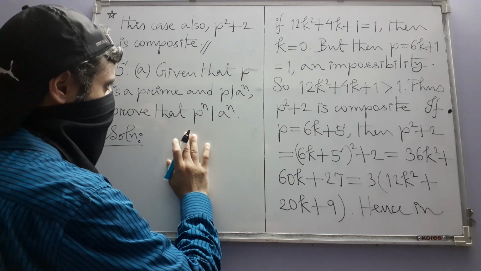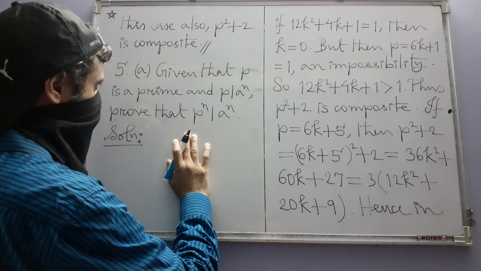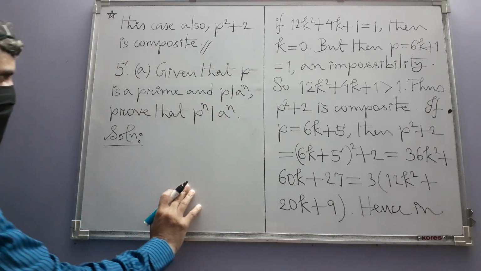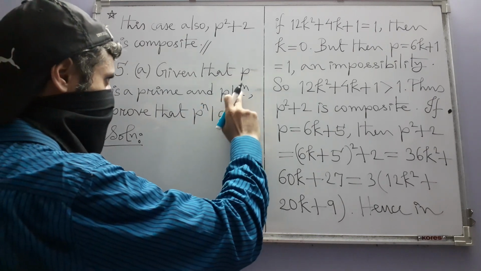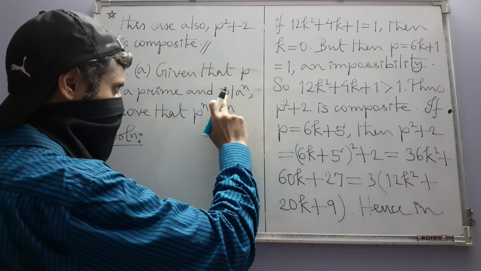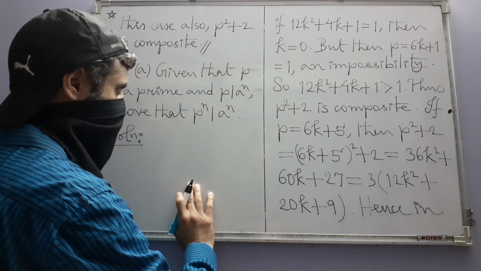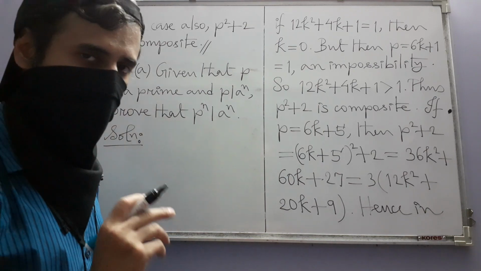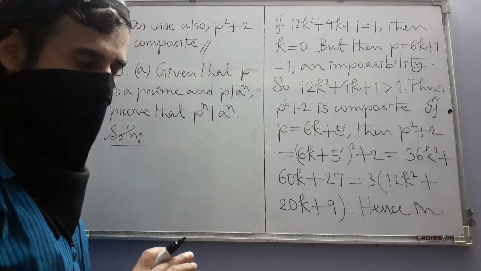In that case the hypothesis is false, because a to the power 0 would be 1 and p does not divide 1. So to be safe, we assume that both a and n are positive integers. That's it.